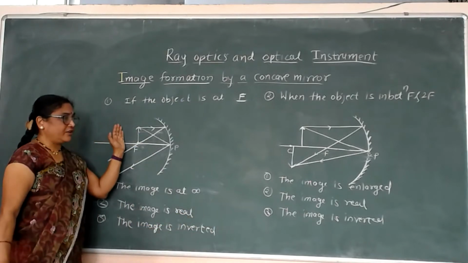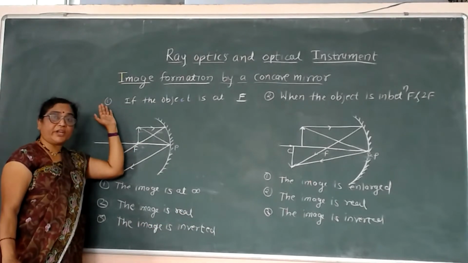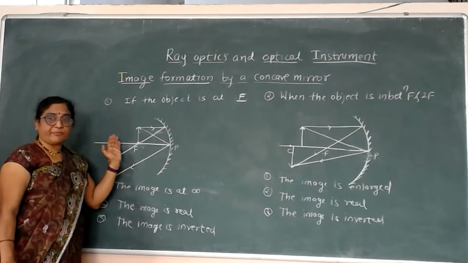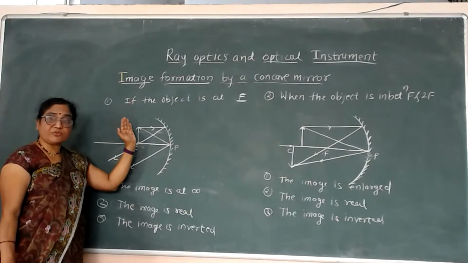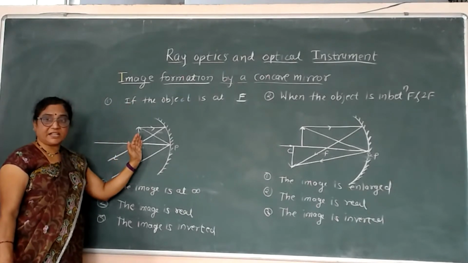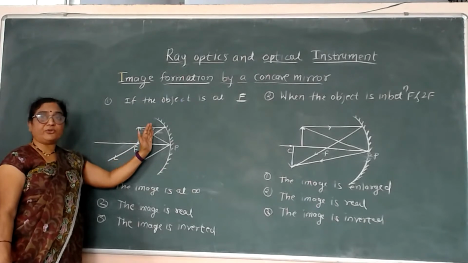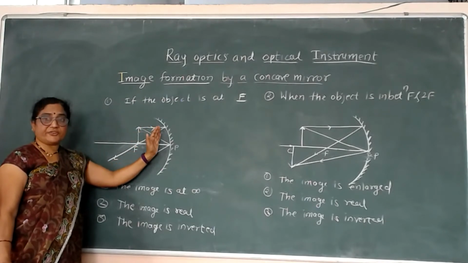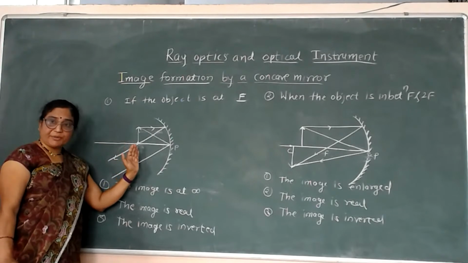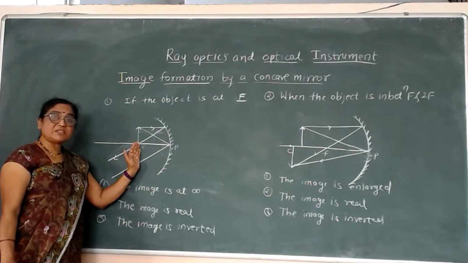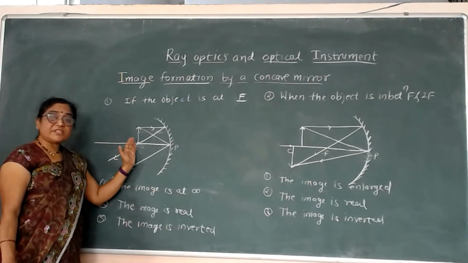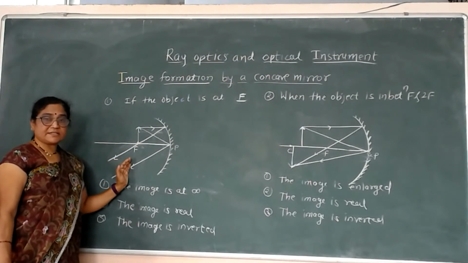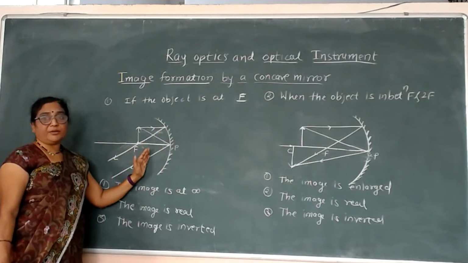So when the object is beyond 2f, the image is diminished. When the object is on 2f, the image is the same size. When the object is between f and 2f, the image is enlarged. And when the object is on the principal focus, the image is highly enlarged, and which is found out at infinity distance. But all these are the real images.